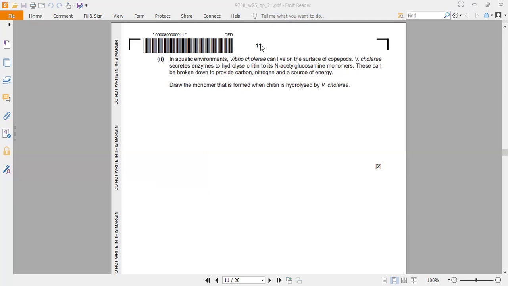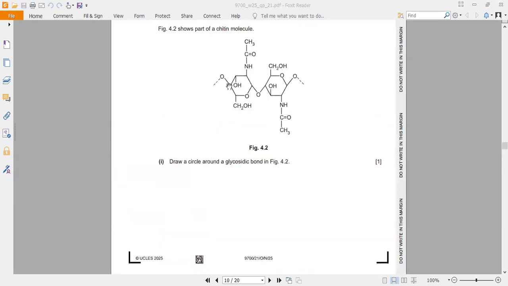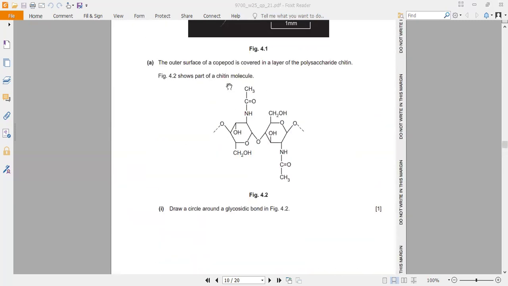So I am going to move towards that question because we have to draw the monomers right now. In this figure 4.2, they have shown two monomers. We have to draw these monomers and hydrolyze them. They were produced as a result of a condensation reaction in which one water molecule was removed.